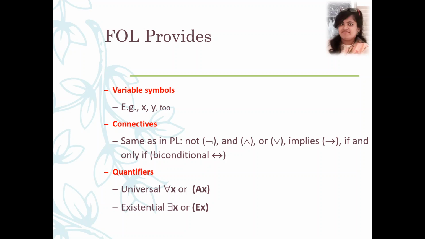Now, what does FOL provide? The variable symbols, like A, B, C, X, Y. Then connectives, the same as in propositional logic: not, and, or, implies, if and only if, that is the bidirectional arrow.